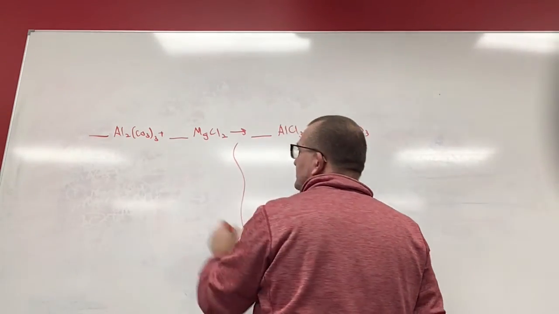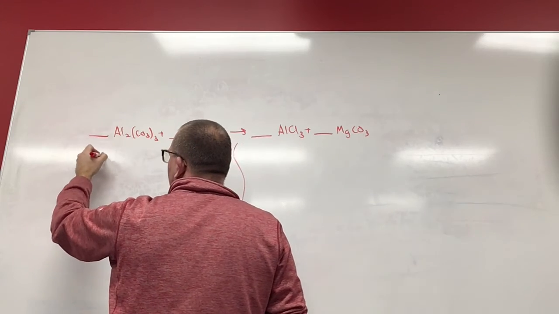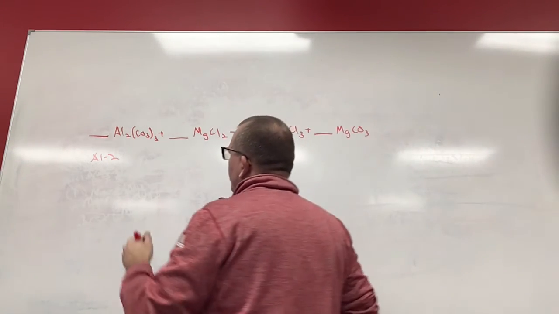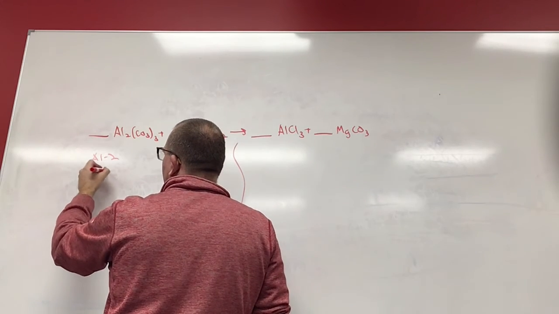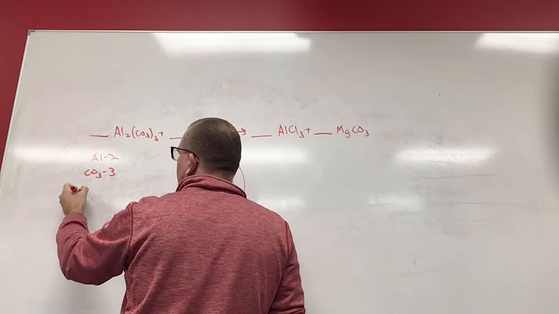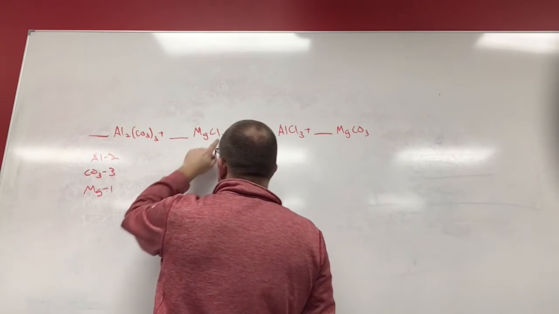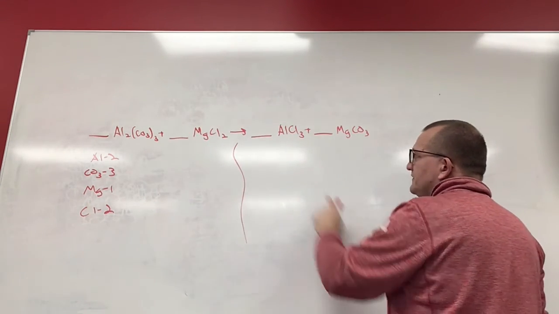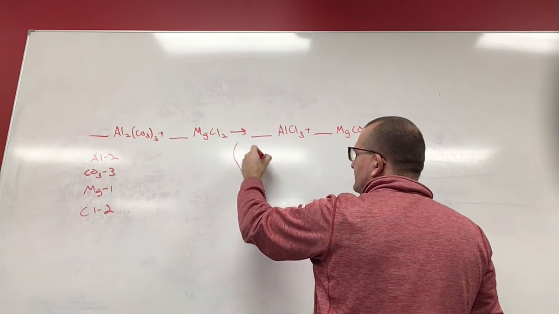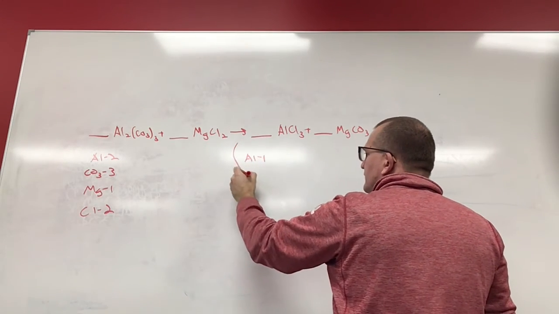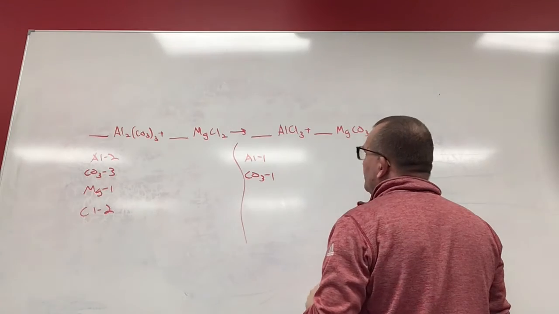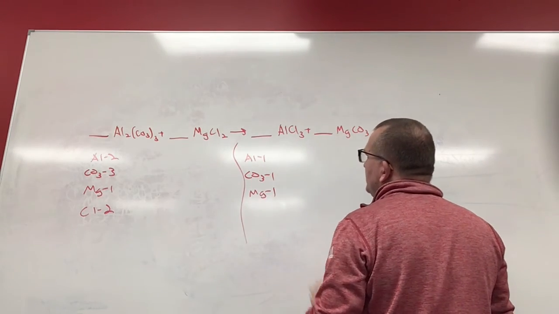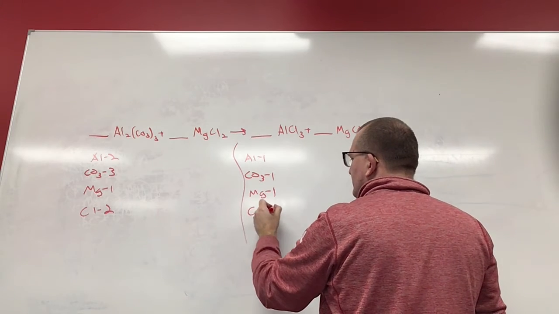Getting the balance, Al 2, CO3 here, CO3 here, so I can do 3 carbonates, 1 Mg, 2 Cls. On this side, 1 Al, 1 CO3, 1 Mg, 3 Cls.